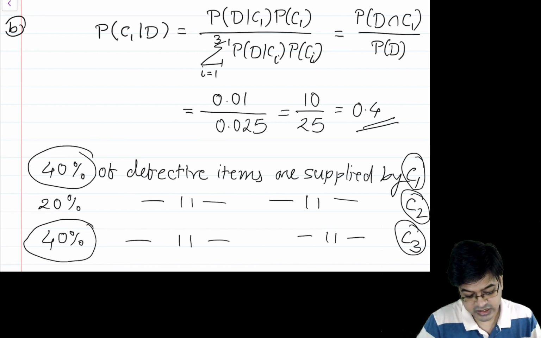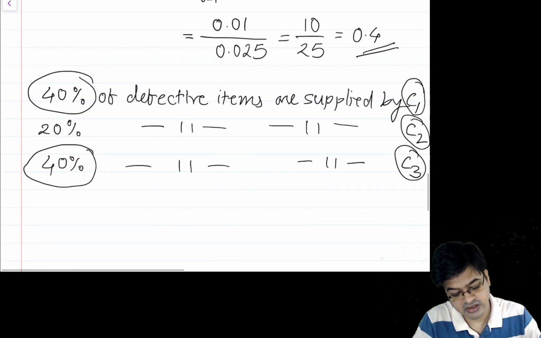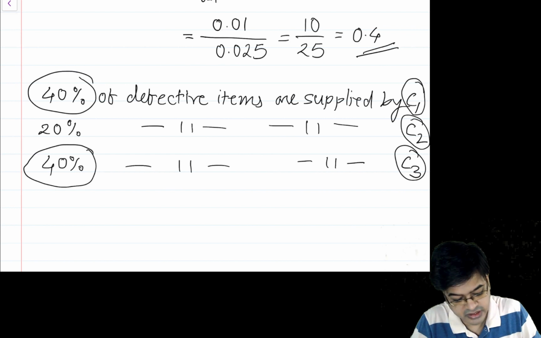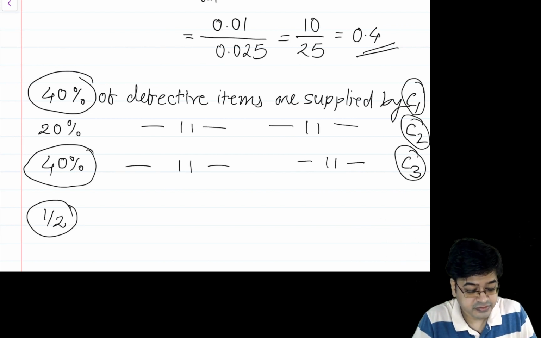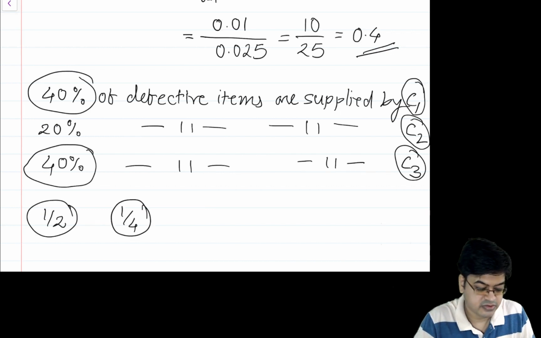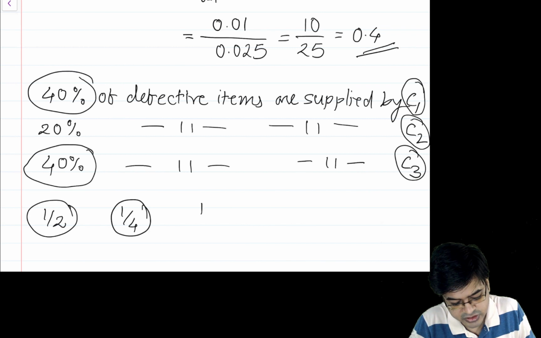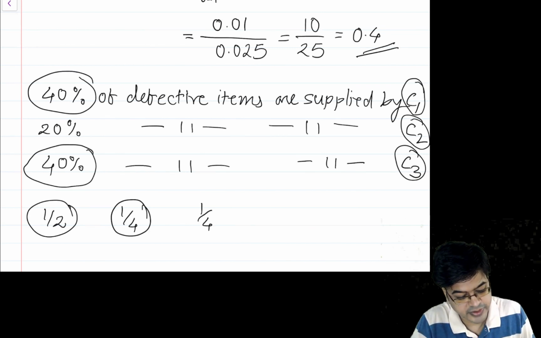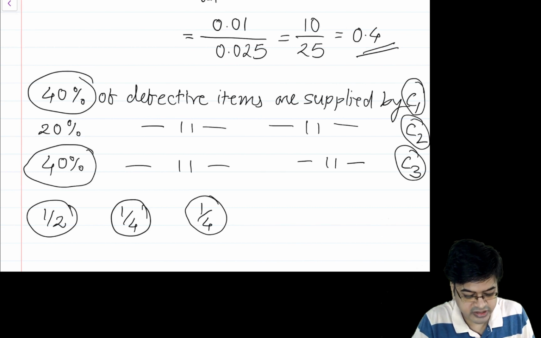Then what are their shares, or what is a proportion in which they are supplying? So this guy C1 is supplying half of the items, whereas C3 is supplying only 1/4 of the items, and the other proportion is given by C2. So C2 is responsible for 20% defective, and a quality check inspector has to identify the cause based on the conditional probabilities.